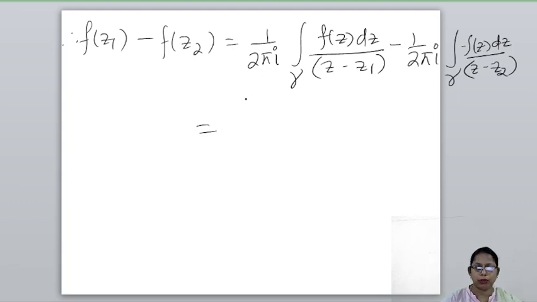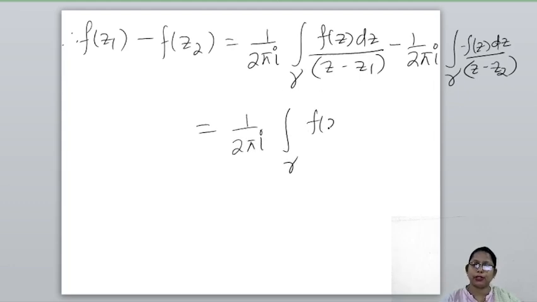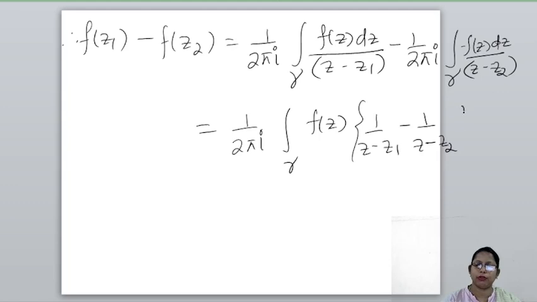Now take 1/(2πi) common: the integral over gamma of f(z) times the bracket 1/(z - z1) - 1/(z - z2), dz.